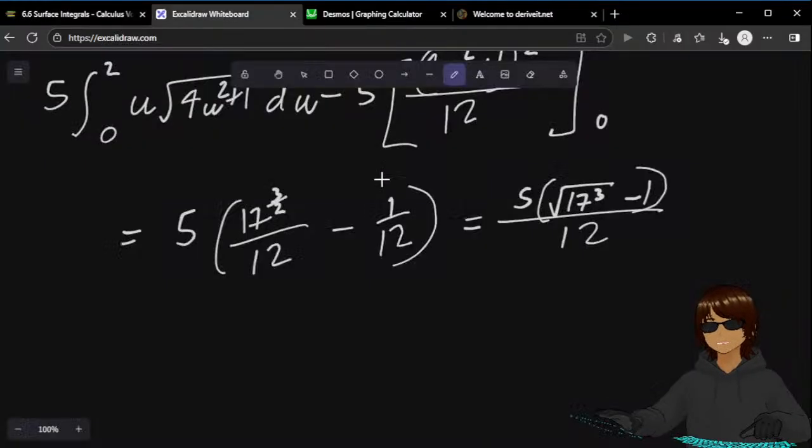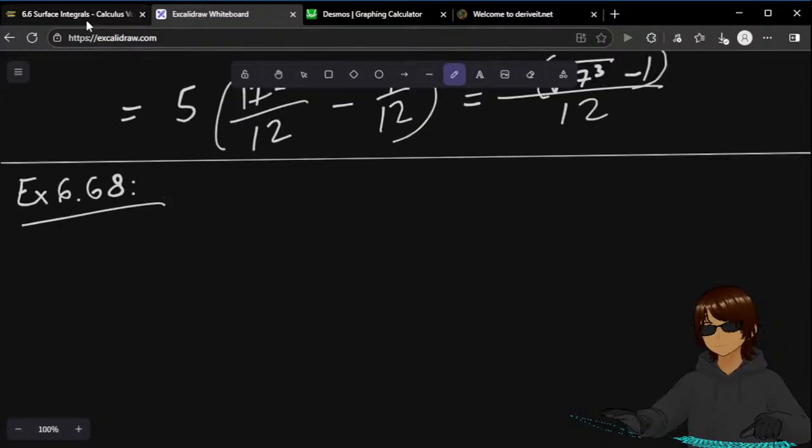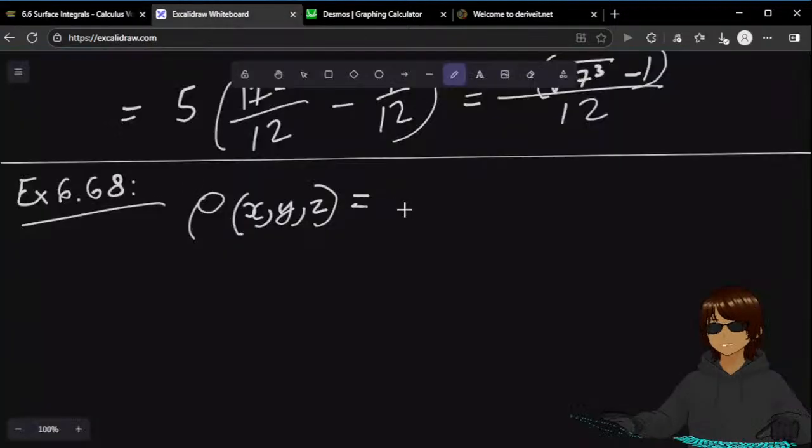Example 6.68. So rho(x, y, z) equals x squared yz.